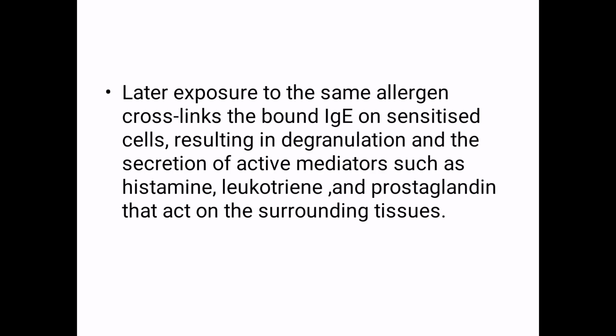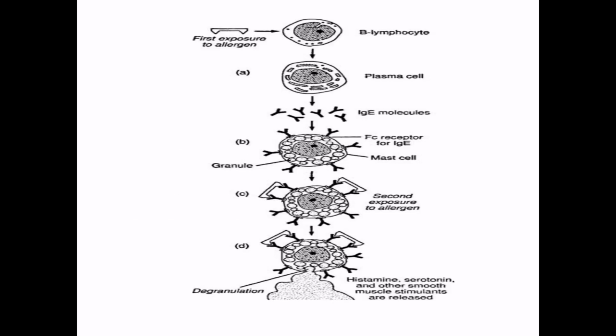These mediators cause damage to surrounding tissues. In this picture, this is the allergen on the left. The allergen binds to the B lymphocyte, and the B lymphocyte is activated to produce IgE, and this IgE will bind to the mast cell, and the mast cell becomes sensitized.